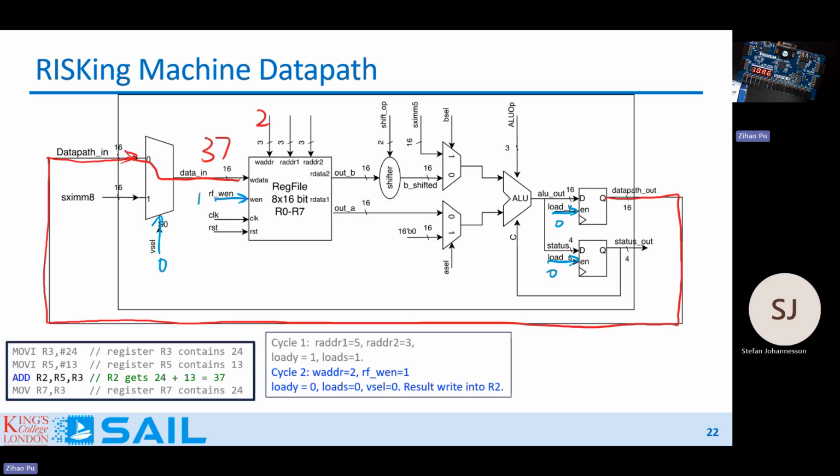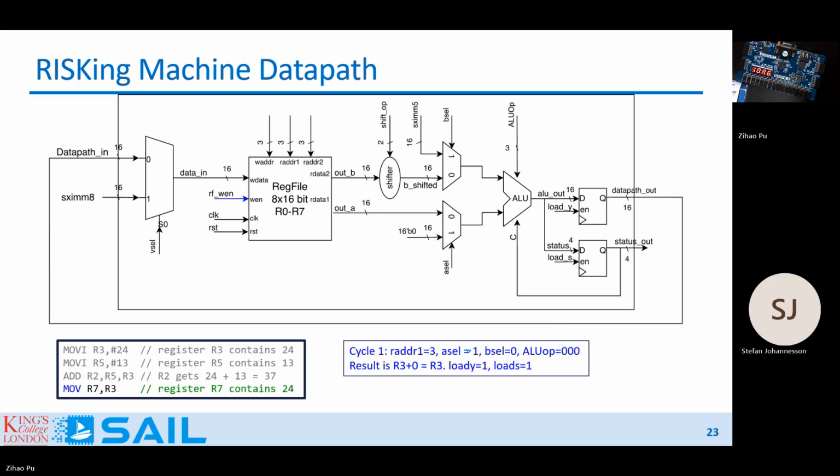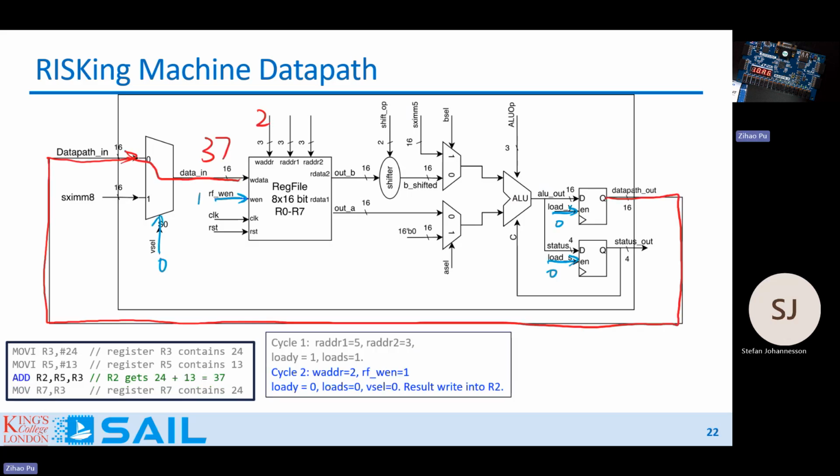And VCL is going to be set as 0, so the data pass out goes back to data pass in, and the data is written back to register 2. So you spend 2 cycles to finish these add instructions.